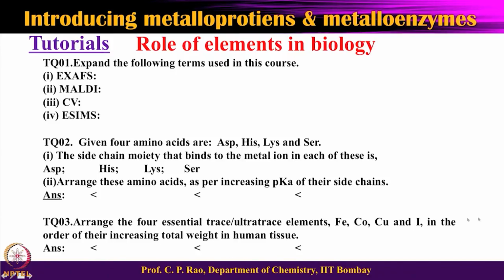These are all present in human tissue. Iron will be the highest among all these, followed by copper, and then followed by cobalt. You can look at the actual values. You do not need to worry about what I say in this particular tutorial. This is just to warm you up with the kind of questions that would come later on.